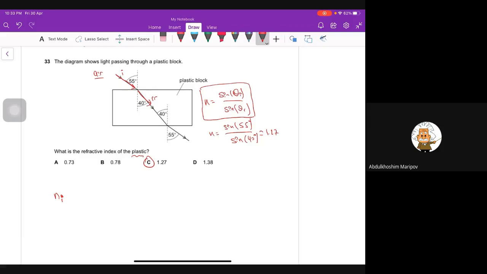So it's always safe to use this way: n incident times sine theta incident equals n refractive times sine theta refractive. It's always safe to use this one. In this case, n of air we always choose as 1.